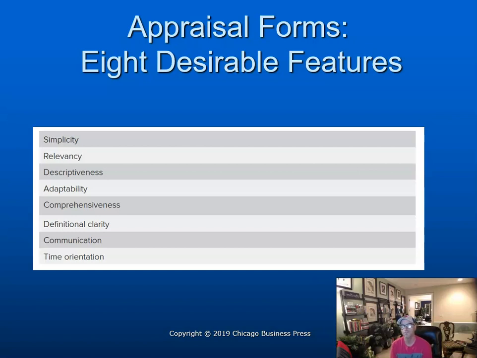Some do an appraisal form of some sort on a monthly basis. That's certainly laudatory. And if you go on a monthly basis, you would imagine that the appraisal form is much simpler, much more direct and to the point. We'll talk about those features as we look at this slide that we have from the Chicago Business Press.